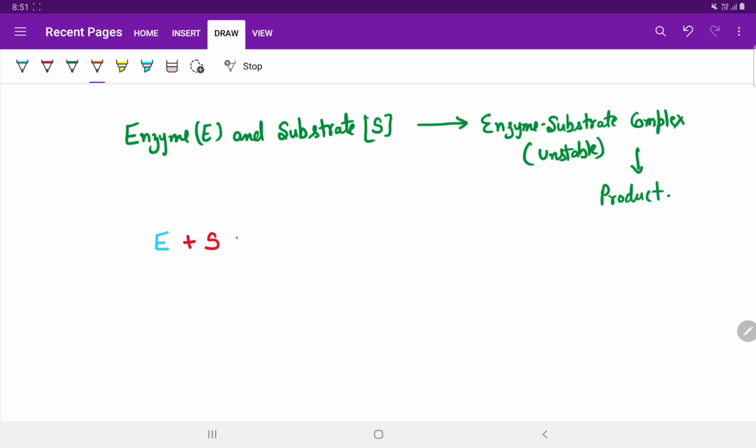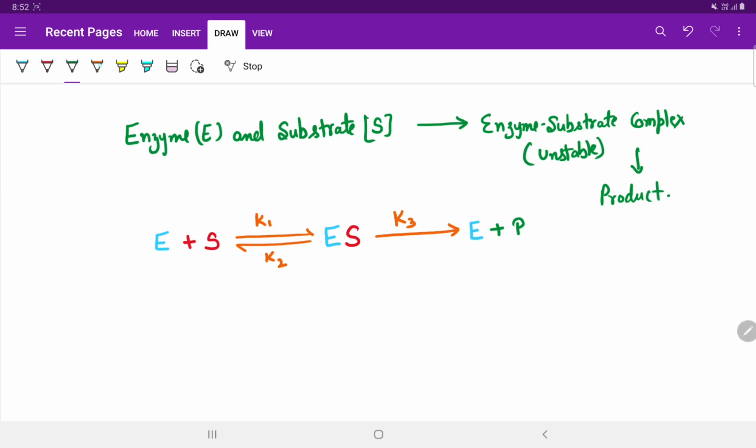They together form, through a reversible reaction, an enzyme substrate complex with constants K1 and K2, whereas this enzyme substrate complex then dissociates to release the product and enzyme is recovered. So this is the complete reaction.